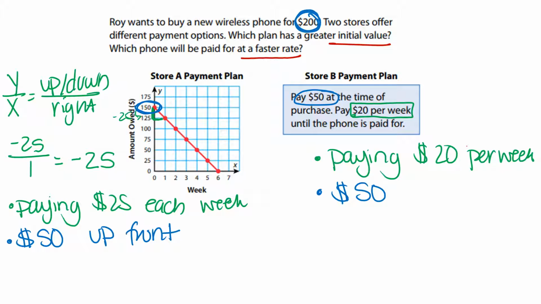So again, it's paying $50 up front. $50 at the time of purchase. At the store, he pays $50. So what statement? We want to answer these two questions. Which plan has the greater initial value? They have the same initial value.